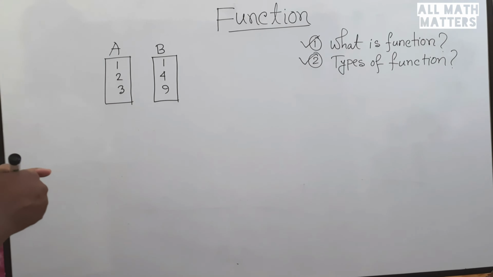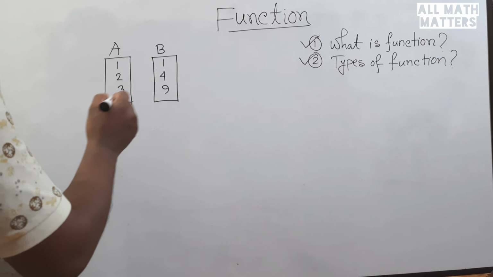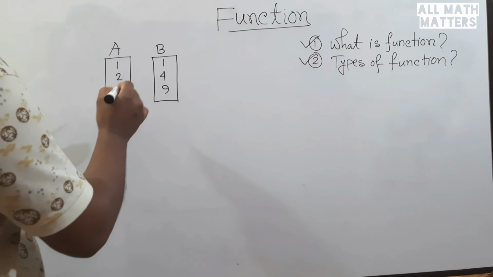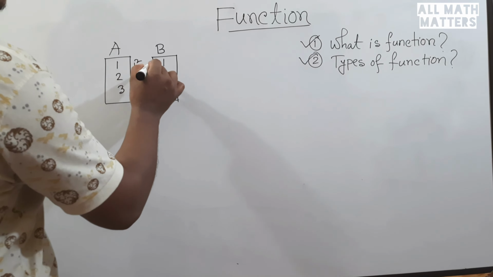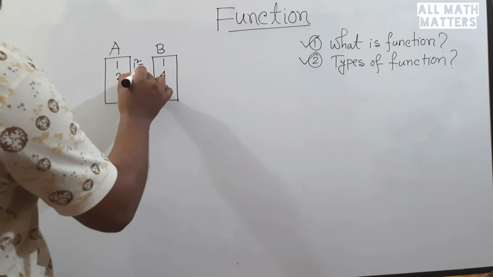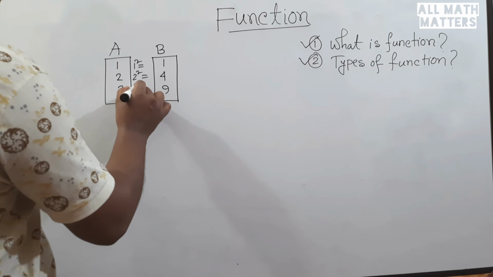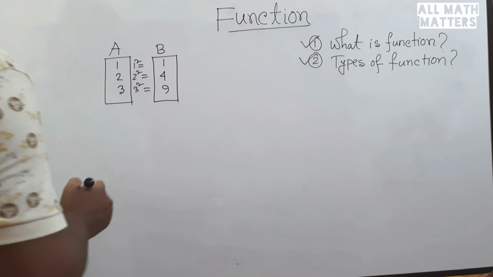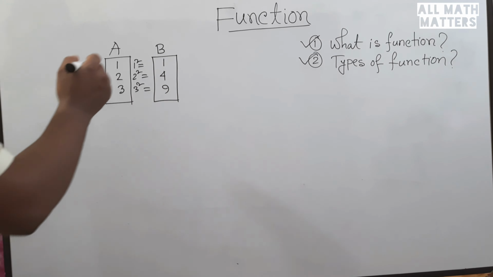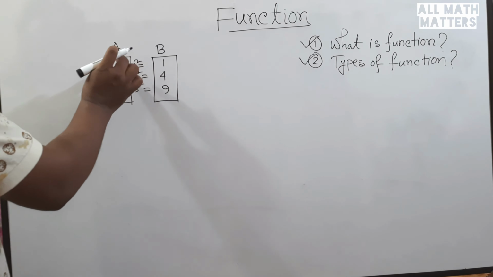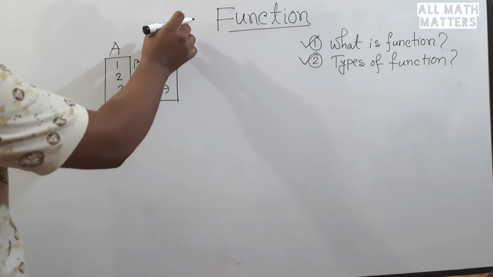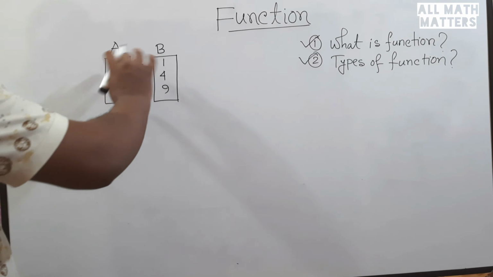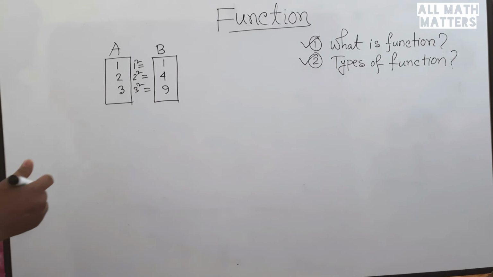If you look at these two sets, we can see that there is some relation between them. What is the relation? If we square these values, 1 square equals 1, 2 square equals 4 and 3 square equals 9. That means the value of set B is the square of the value of set A. That means both sets have a relation.